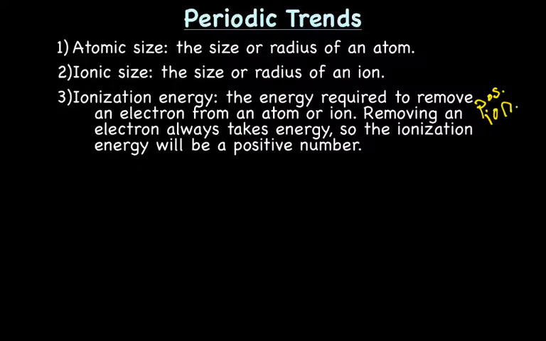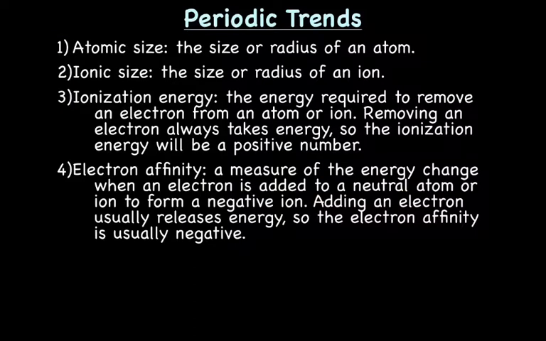So when you see a number for ionization energy, it will always be a positive number. And before I move on, I will tell you that these three, atomic size, ionic size, and ionization energy, are extremely important for your AP exam.